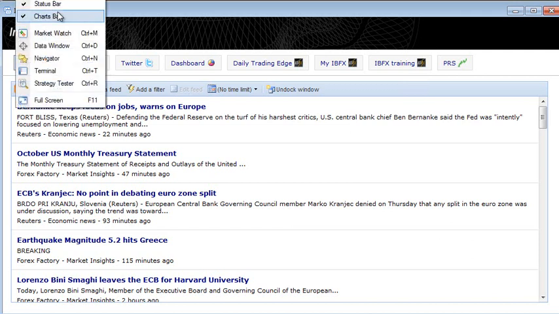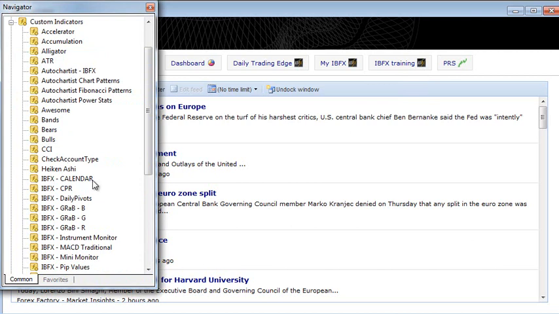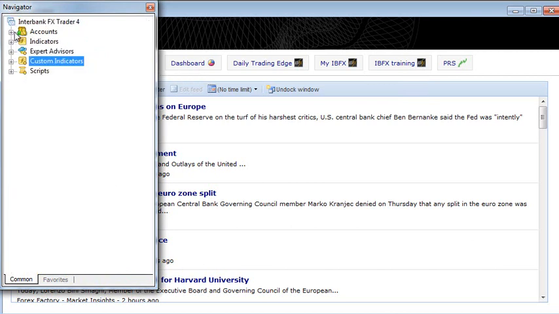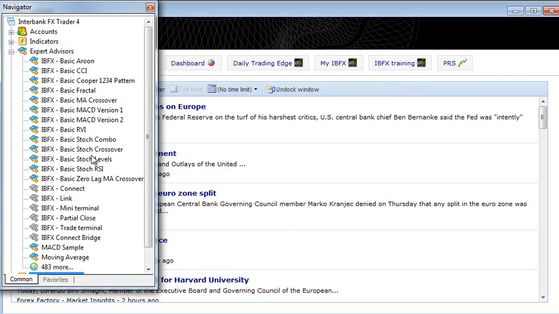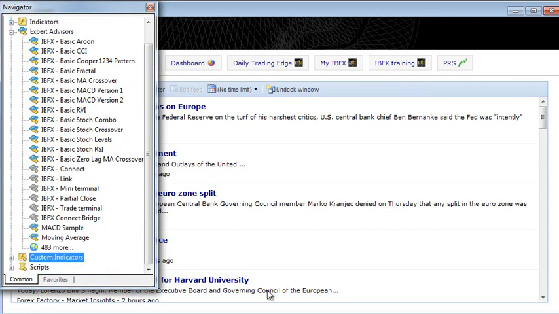All you've got to do is go to your navigator and drag and drop the IBFX Connect EA. You see that right here, the IBFX Connect EA.